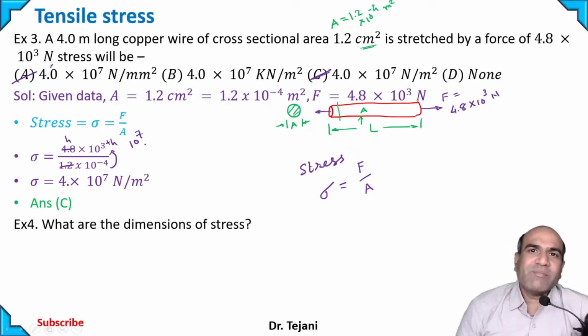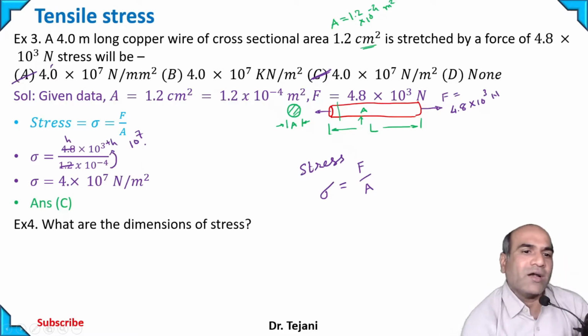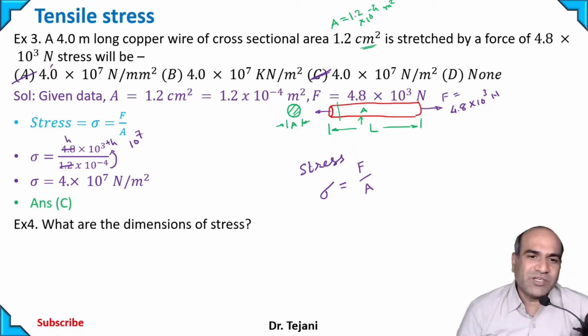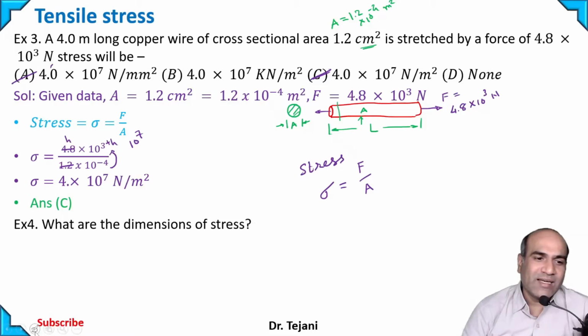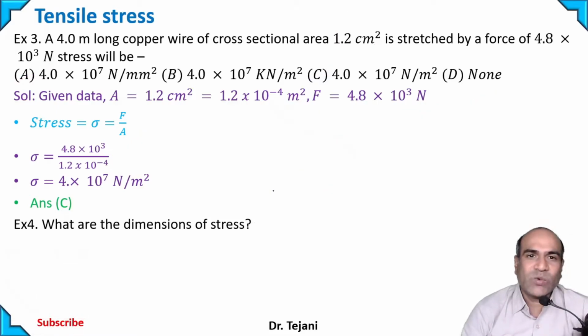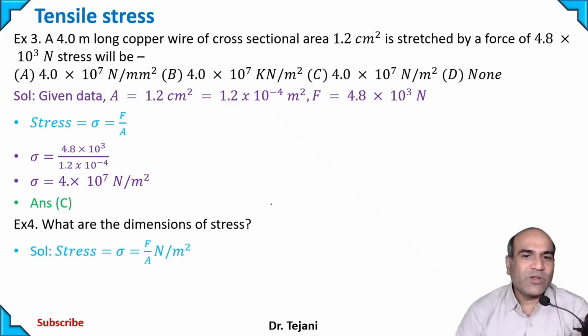Here is example number 4. What are the dimensions of stress? See, we studied this in chapter number 2, how to get dimensions. Now let's erase all of this first. We know that stress sigma is equal to force by area. What is the unit of force?